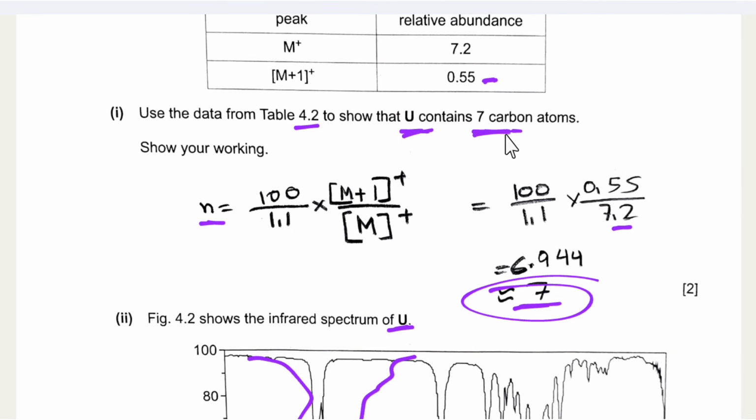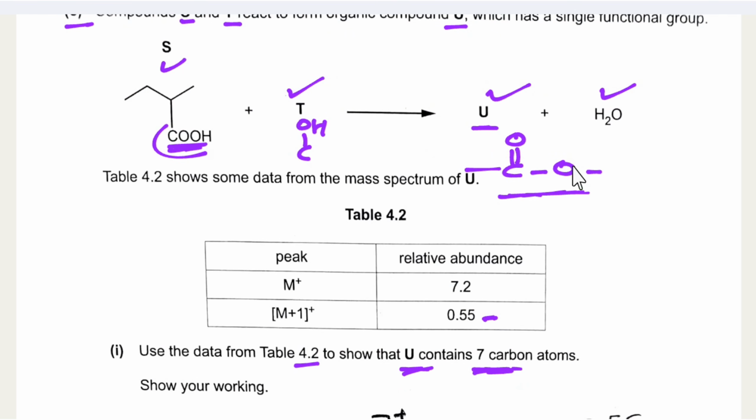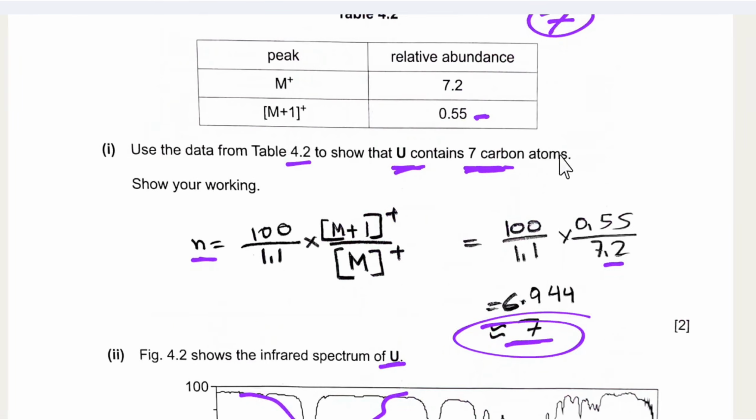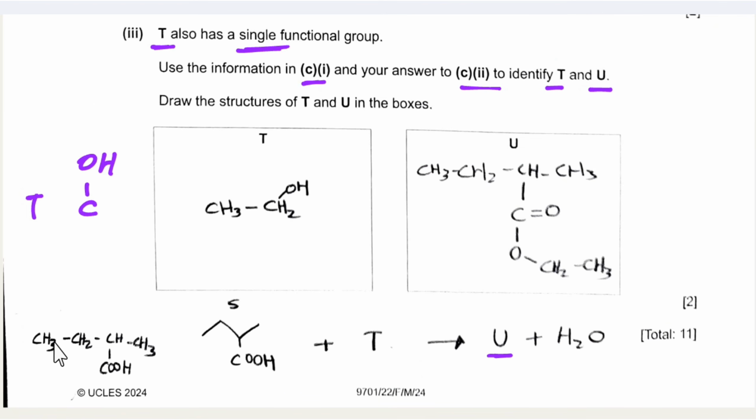So the ester contains 7 carbon atoms, and for this carboxylic acid, that is S, we can see from the structure that it has 1, 2, 3, 4, 5 carbons. So S contains 5 carbon atoms, and the remaining 2 carbon atoms are from the alcohol. So T is the alcohol containing 2 carbon atoms, that is ethanol, CH3CH2OH.